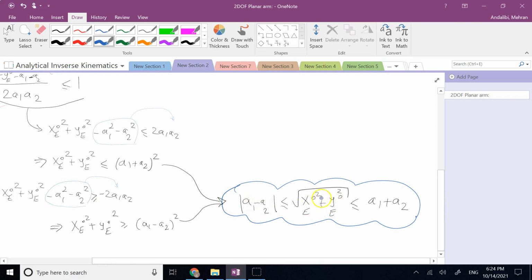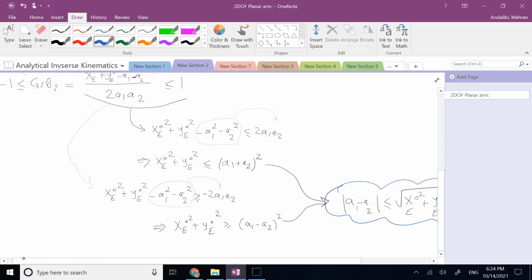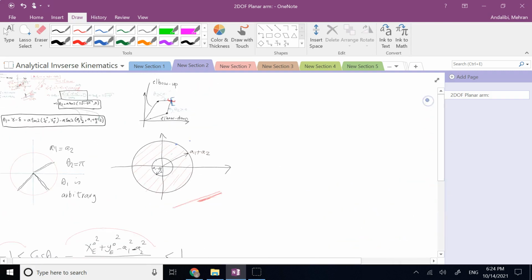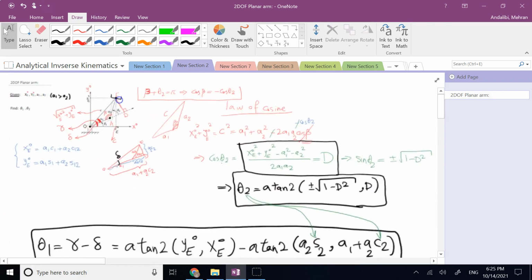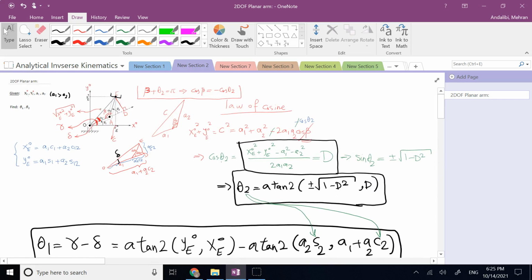Because then this left-hand side is going to be 0, and that guy is going to be 2a. And since 0 is always bigger than or equal to 0, it means theta 1 can be arbitrary. So this is how you handle the problem of inverse kinematics for 2DOF planar arm with all cases.